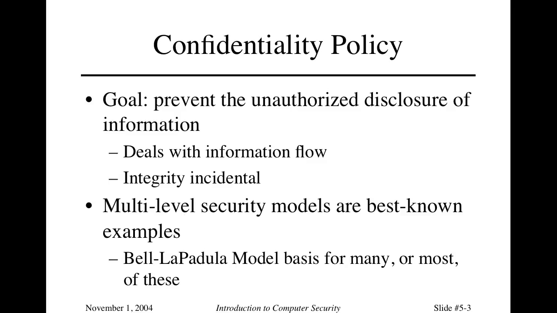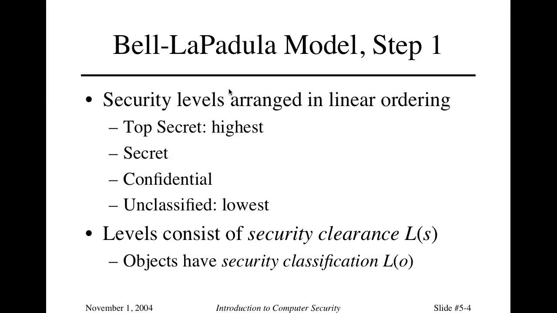So it's a kind of control of the information flow. We have many models, but the best known is the Bell-LaPadula model. It has multiple levels of secret labels in the system. This is the first step of the model.